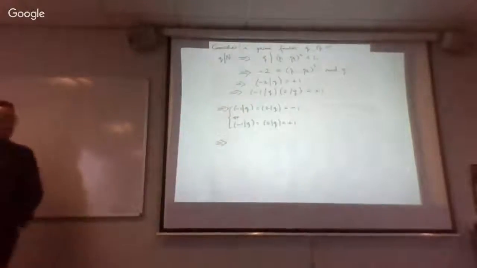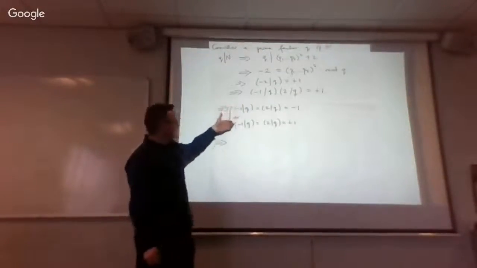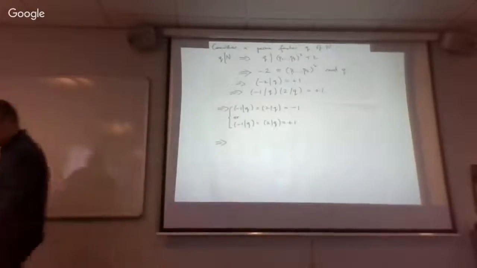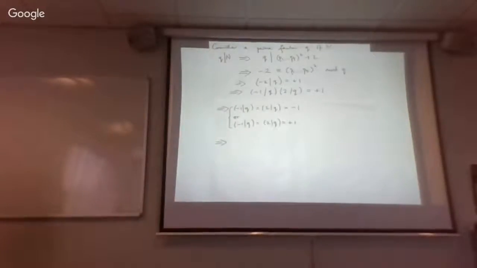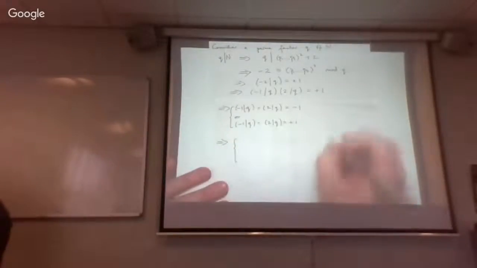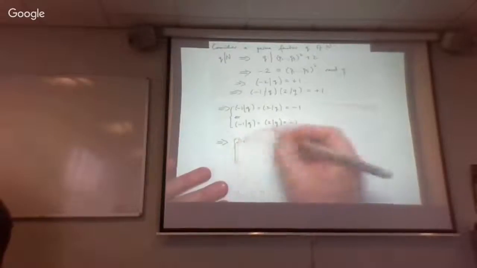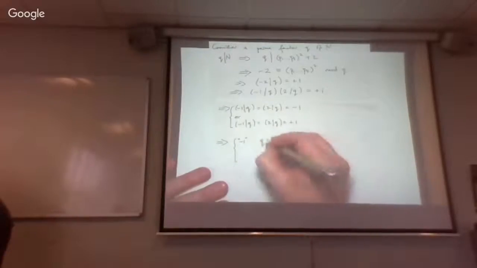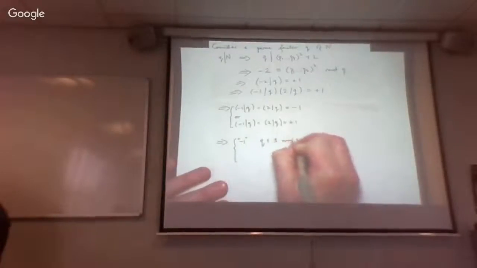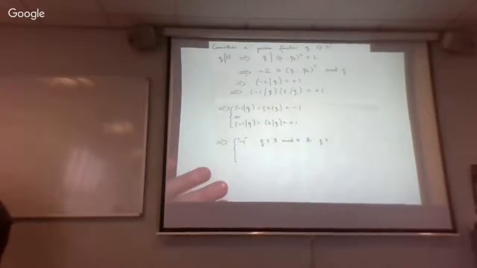So now we're making use of the results. We know one of these conditions must be true. Well, if they're both minus 1, this would mean that in this minus 1 case, we would have q congruent to 3 mod 4, and q would be congruent to plus or minus 3 mod 8.